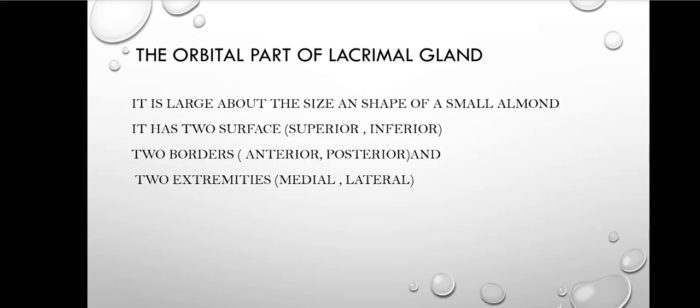The posterior border is round and becomes continuous with the palpebral part of the gland. It lies in contact with the orbital fat. Laterally, the extremity rests on the lateral rectus muscle, and the medial extremity is related to the levator palpebrae superioris.